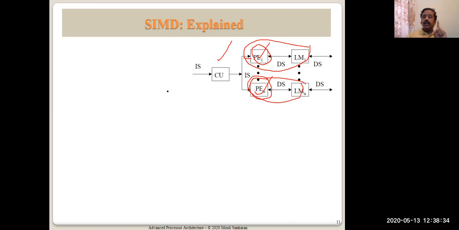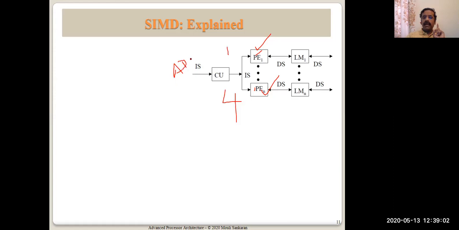SISD is a single core processor, whereas SIMD is a multi-core processor because multiple processing elements are there. So there is parallelism because though they are all executing the same instruction, they are running in parallel. Imagine there are 4 processors here, and one add instruction is fetched.